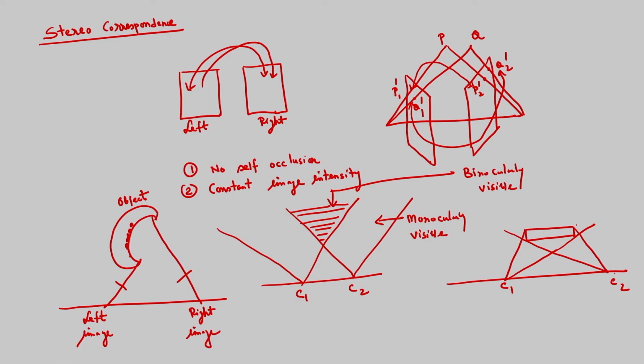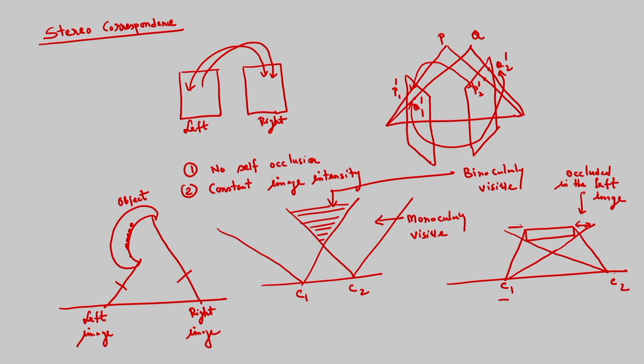So if I consider this portion, it is occluded in the left image, because that portion is not visible by the camera C1.